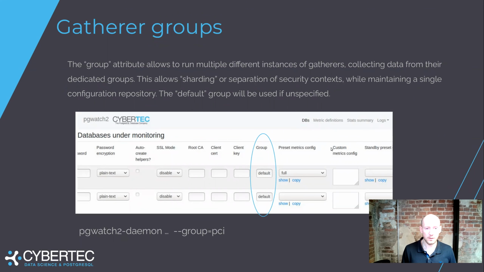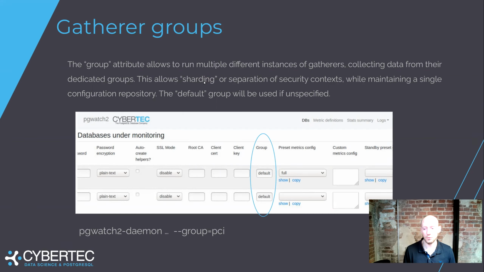So next feature, gather groups. This grouping attribute allows you to separate the monitoring entries into different groups, and then you can launch different collectors for different groups. So this can be used for sharding.